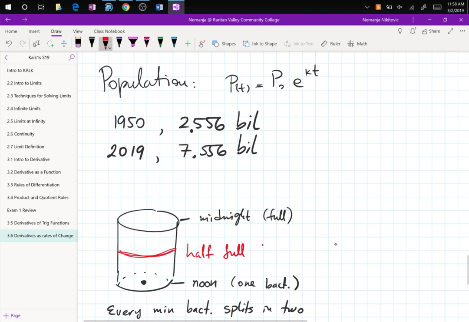That's it. At 11:59 p.m. it's half full, because every single bacteria in the bottom half is going to split in two and is going to fill out the second half instantly. Now you say, don't panic, I have another jar.